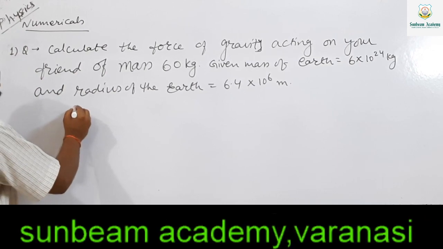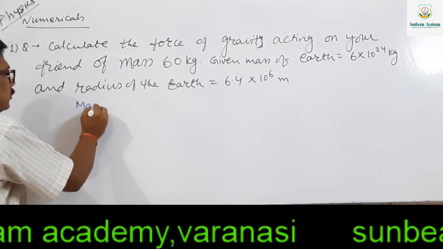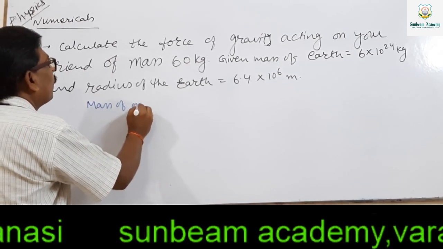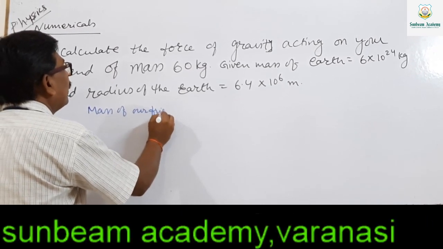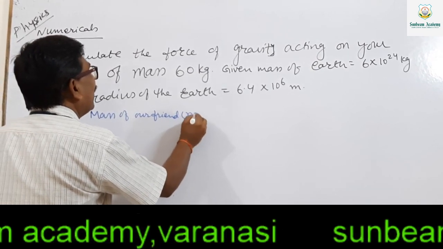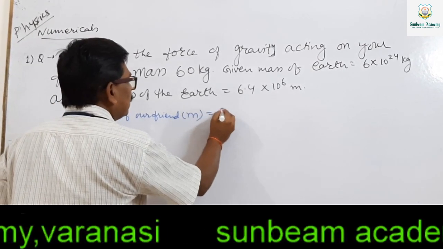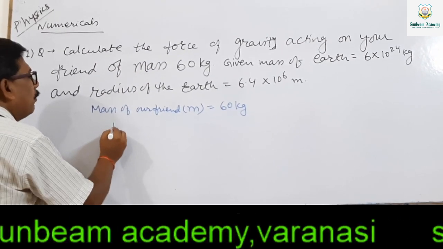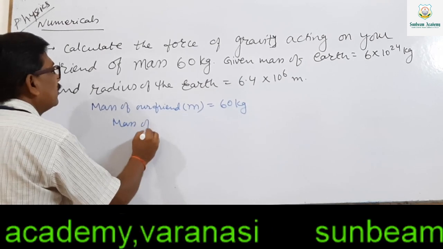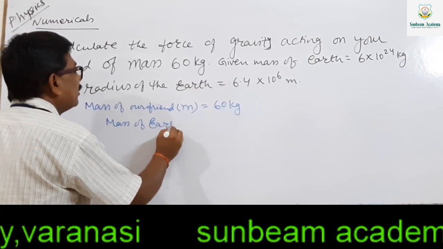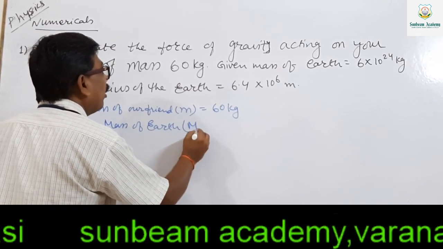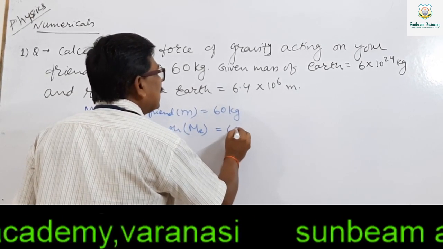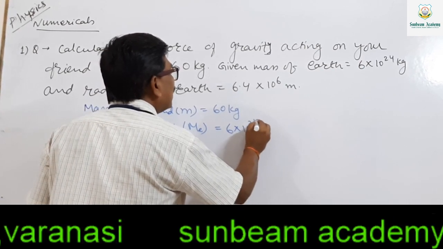Here, mass of our friend, that is small m, is given how much? 60 kg. Now mass of earth, that is capital M or ME, given how much? 6 into 10 to the power 24 kg.